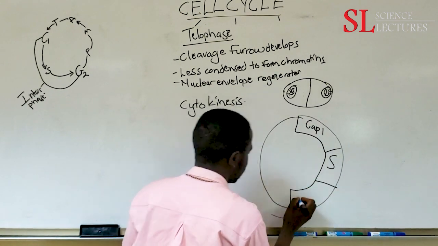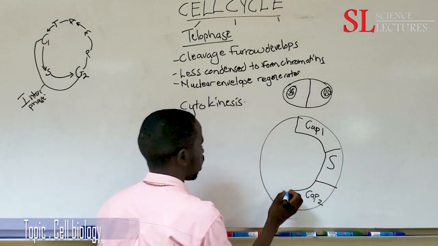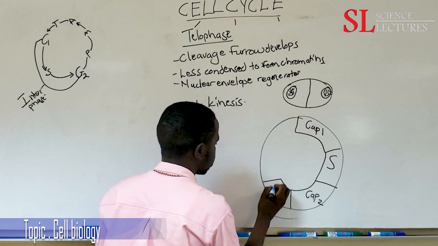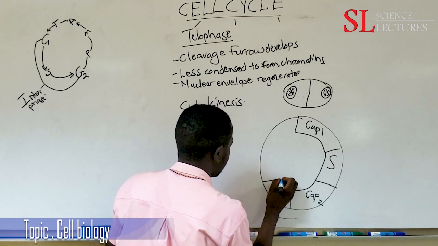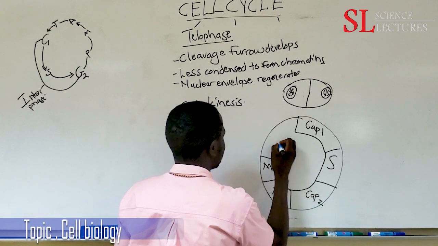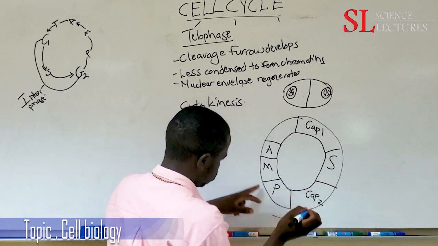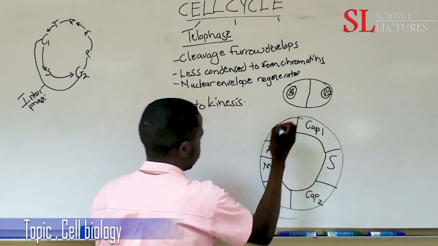Then from there it shall venture into the gap 2 phase. Then from the gap 2 phase the cell shall go into the prophase. Then from there it shall go into metaphase. Then from metaphase it shall go into anaphase. Then from anaphase it shall go to telophase.